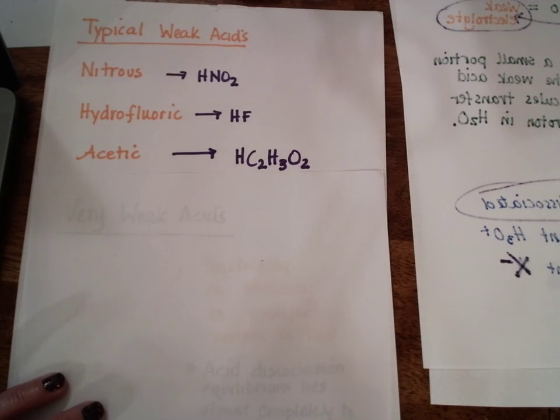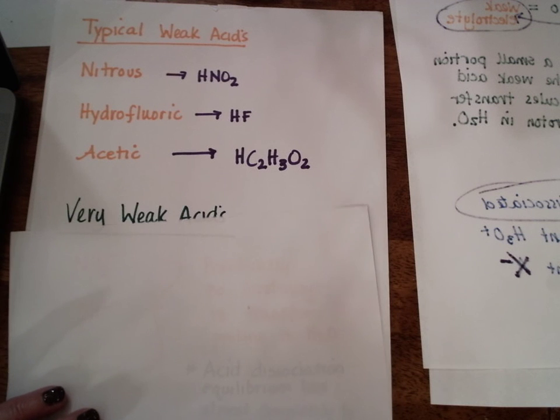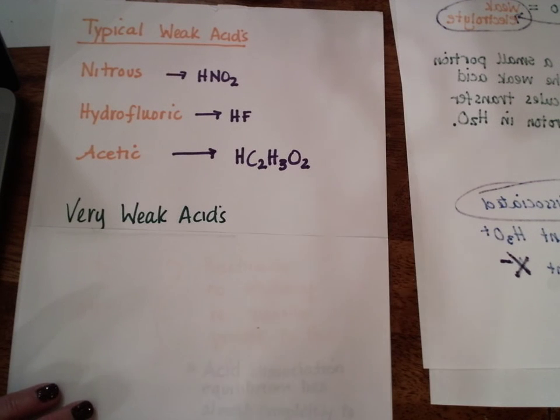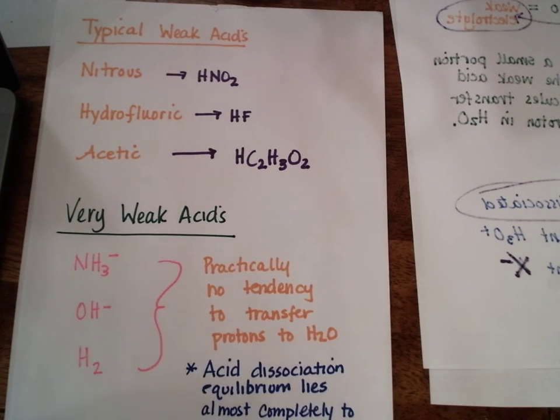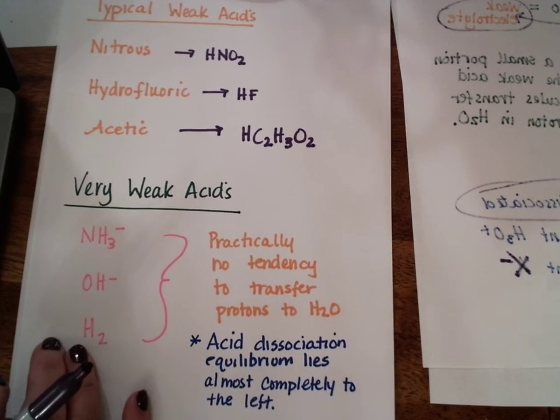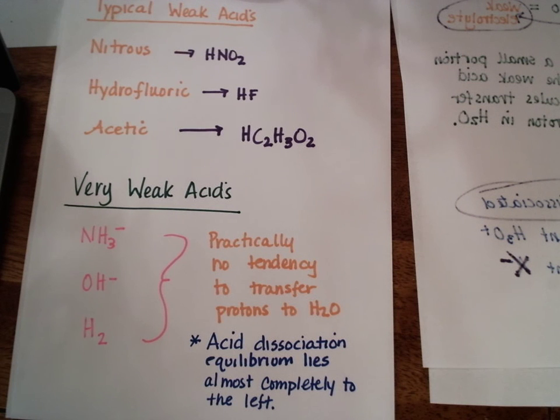That's been diluted quite a bit. If I'm dealing with a very, very weak acid, they have practically no tendency at all to transfer protons to water. Kind of weird to think about them this way, and I'm not going to get too in depth yet, but each of the things that I have listed here can act as a very weak acid.